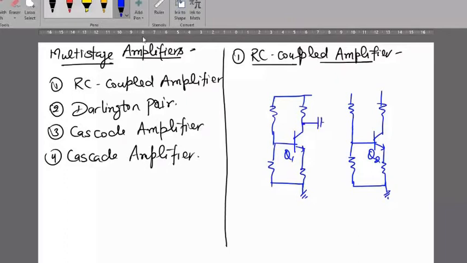So two BJTs in common emitter configuration with potential divider biasings are connected together to make an RC coupled amplifier.